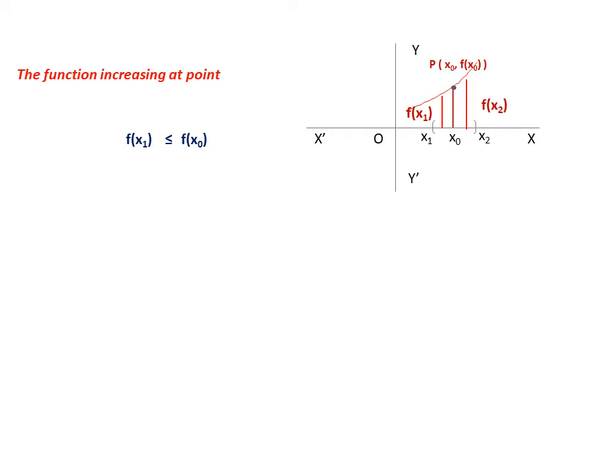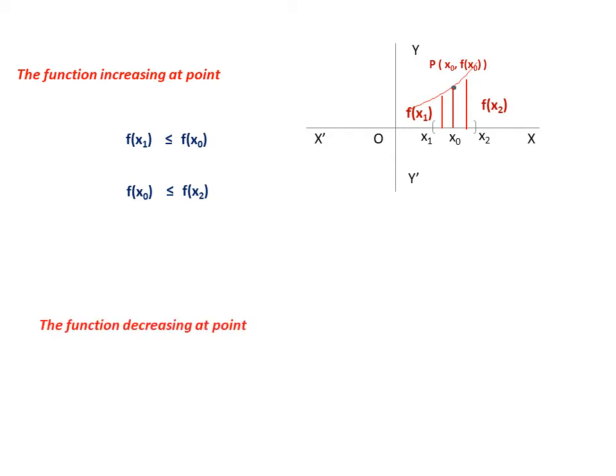That means if you take any point x1 left of x0, f of x1 is less than or equal to f of x0. Similarly, if you take any point x2 on the right side, then f of x2 is more than or equal to f of x0. Equality is also valid because it is not strictly increasing.